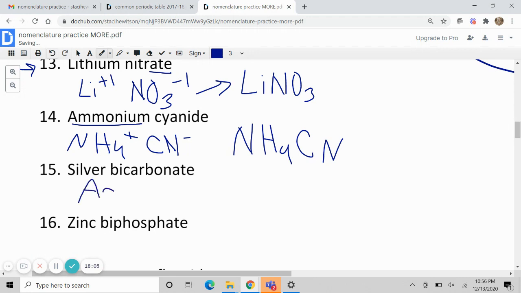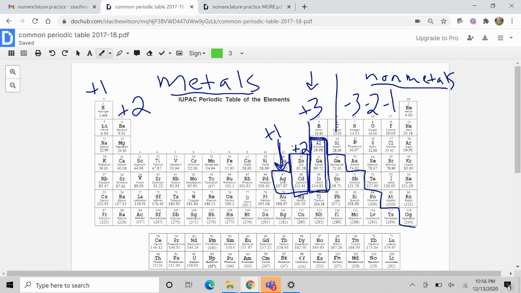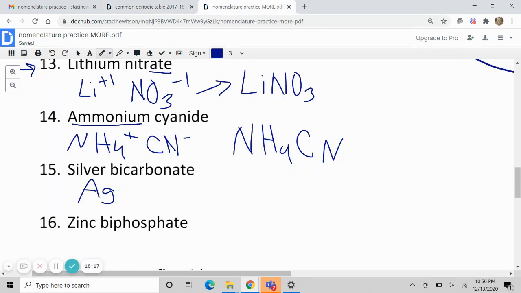Silver bicarbonate. Silver is Ag. What's the charge on silver? Well, it's right there in our triangle. Silver is +1, always, all the time. Bicarbonate: people get confused about bicarbonate because bi sounds like 2, kind of like di.